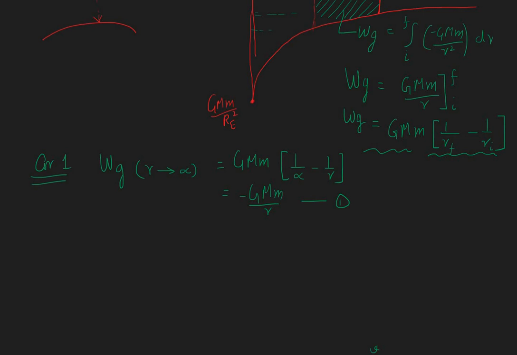And the second corollary is that the work done by gravity from I to F is a function of Ri and Rf, right? So what that means is that if this is your I and this is your F, it's only a function of Ri and Rf.